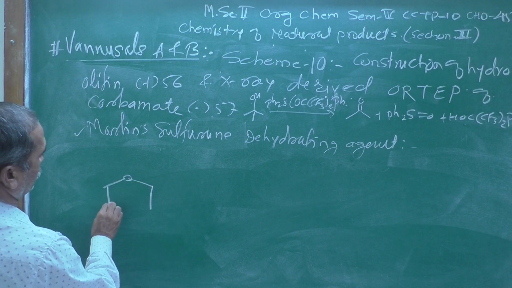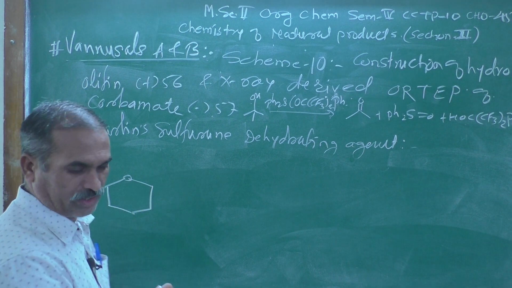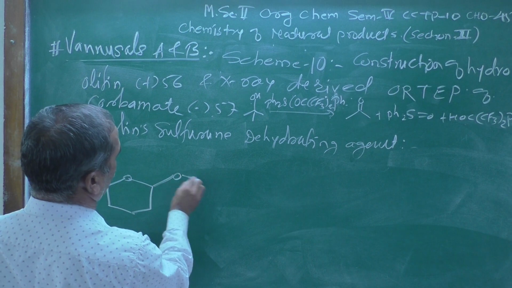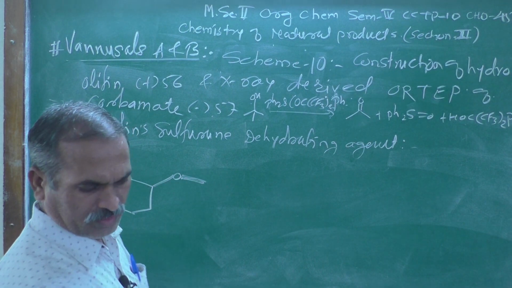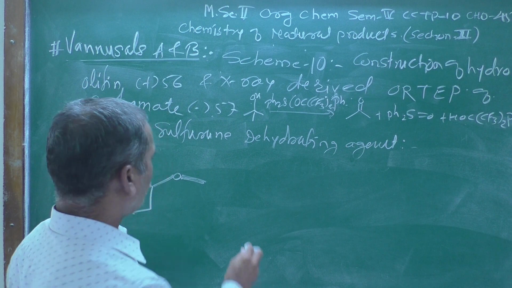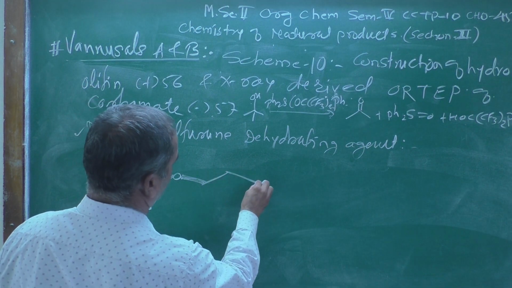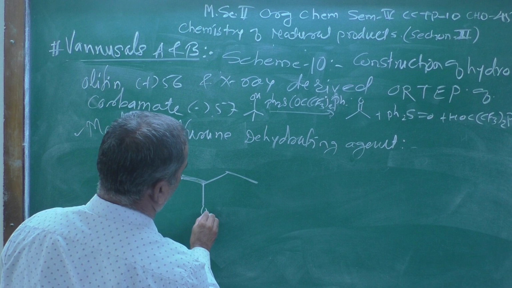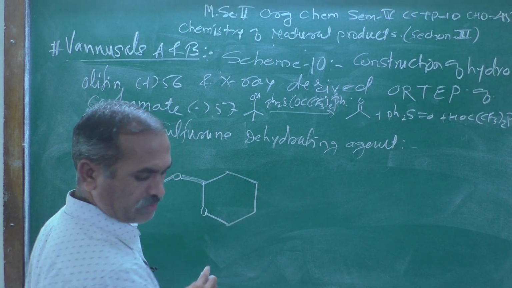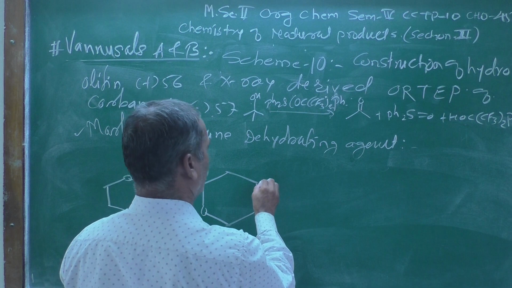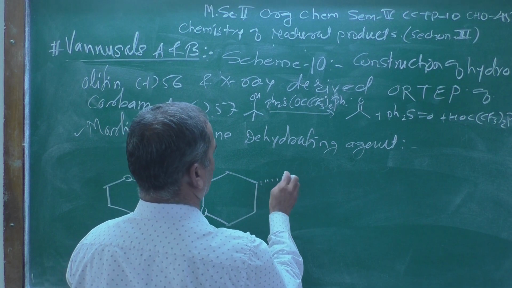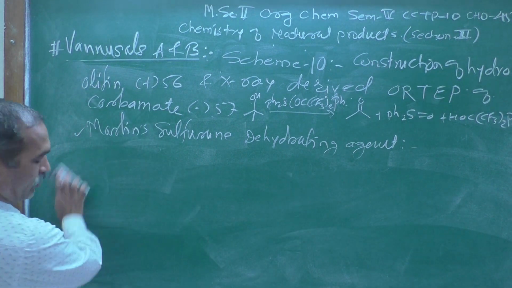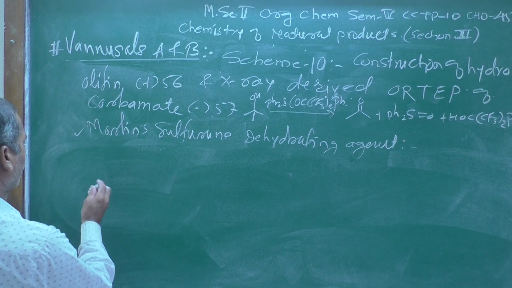This example which I have written over here. Now, the another ring which I am showing over here. After that, now let me show properly over here. So, I can start with this.